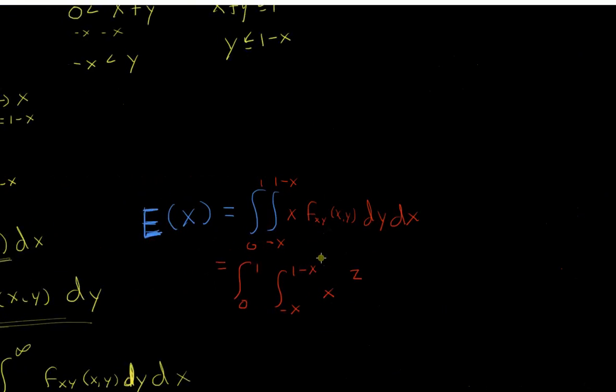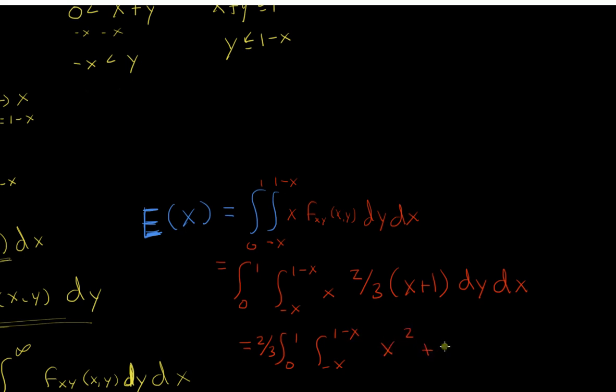So 2/3 x plus 1 dy dx. You could solve this. First thing you might do is pull out the 2/3, and then you end up with x squared plus x dy dx.